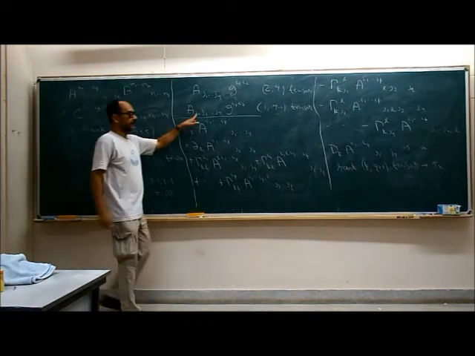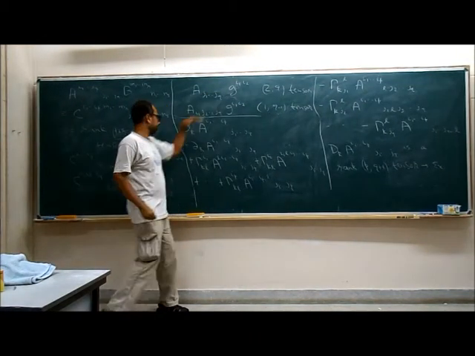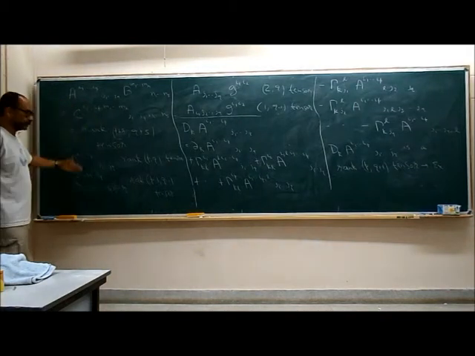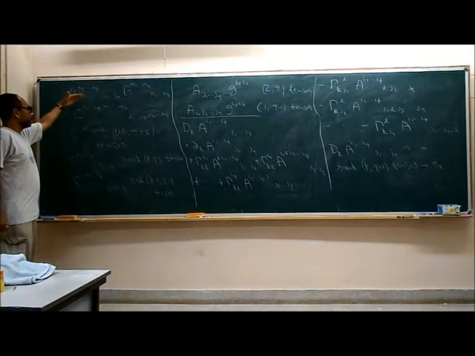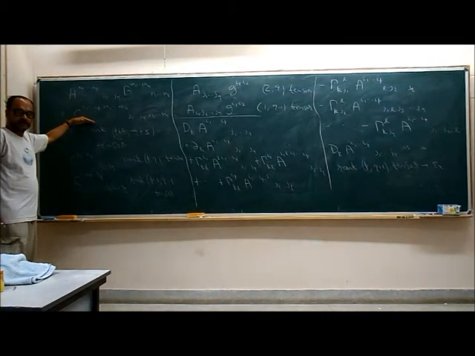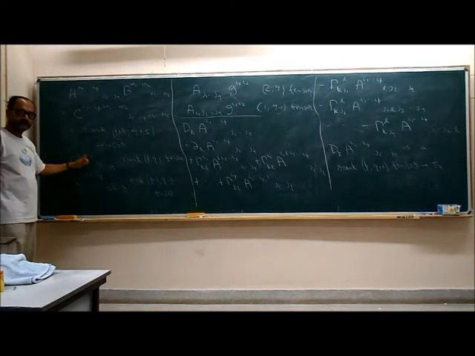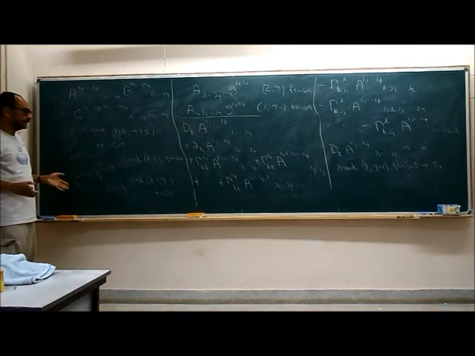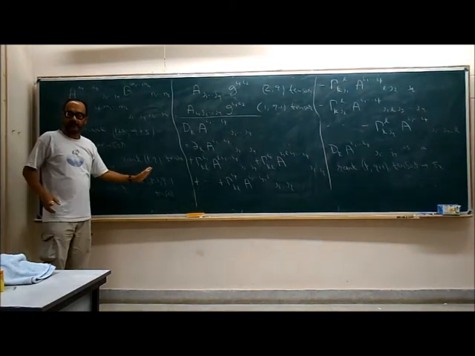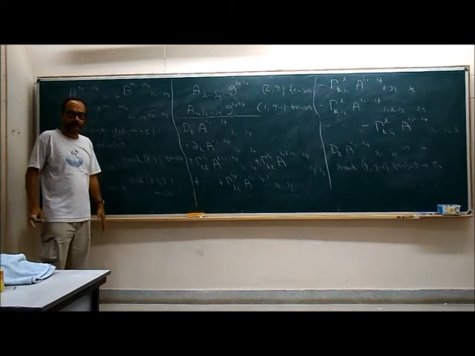Clear? Because we are making use of these two relations: one is that the product of two tensors generates a tensor with ranks added, and the second is that the contraction between an upper and lower index reduces the rank by 1, taking it from (P, Q) to (P minus 1, Q minus 1).